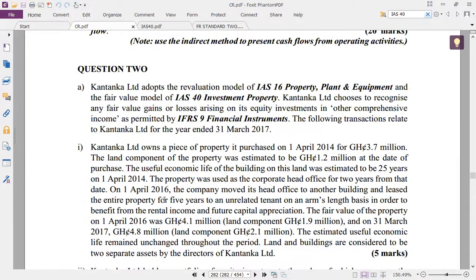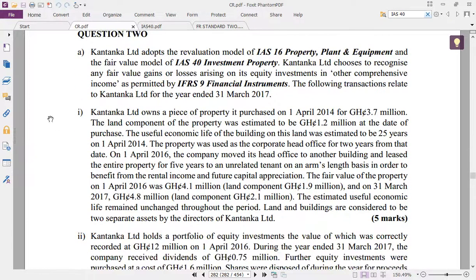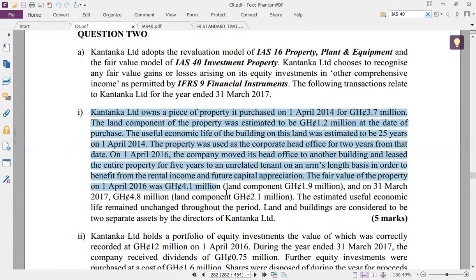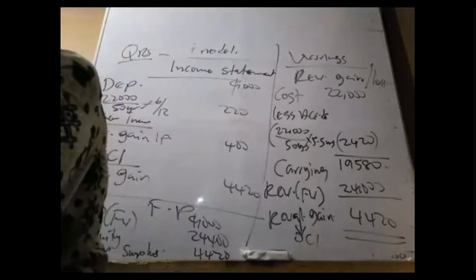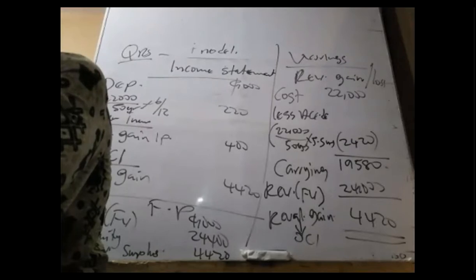So start from the first one, this section, up to this. That's all, 5 marks. Start work. You have only 5 minutes. Okay, let's solve it together. I hope you watched the video.